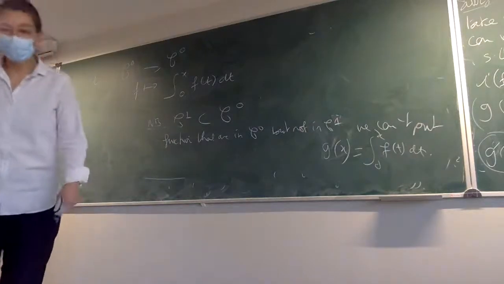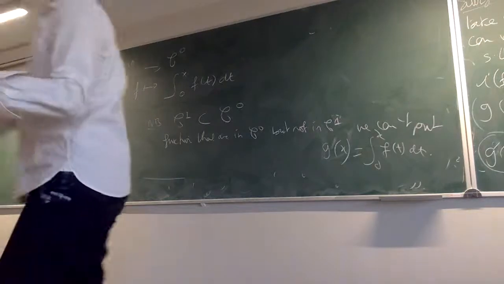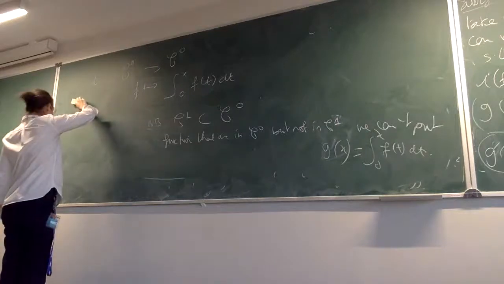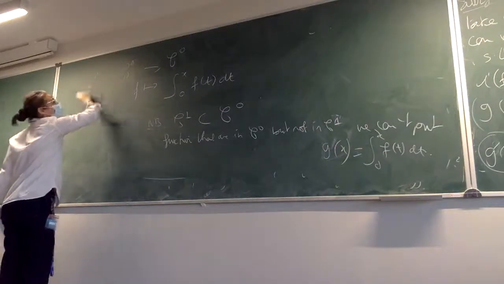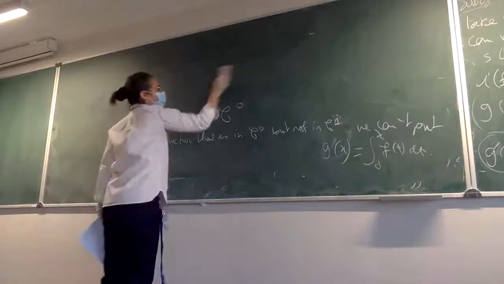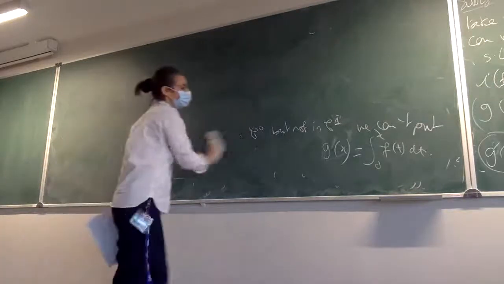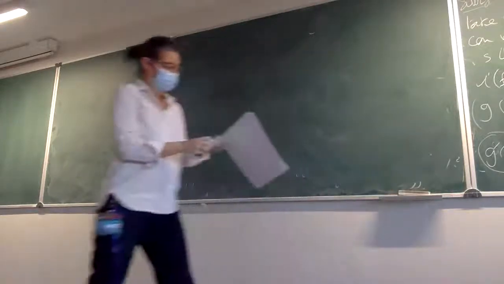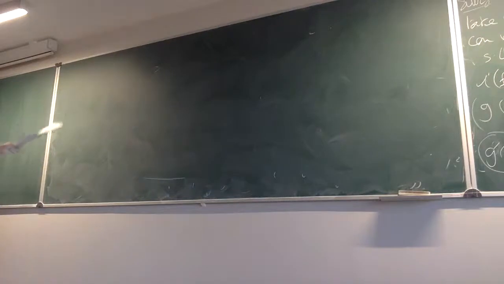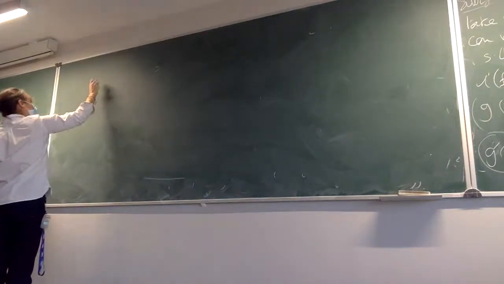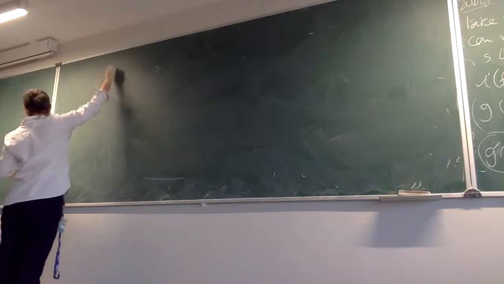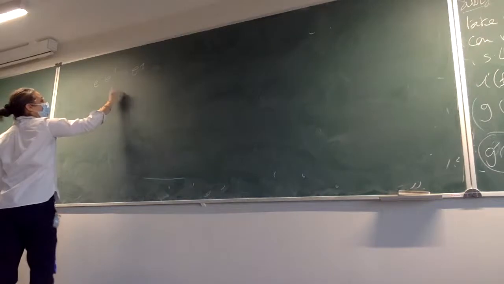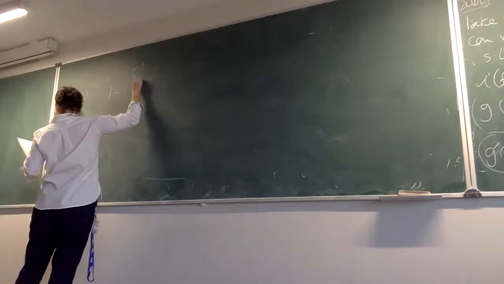Okay, so we will have done that one completely. And the last one from that worksheet. We've got the map E that goes from C1 to C1, where I take f and send it to f prime plus f.